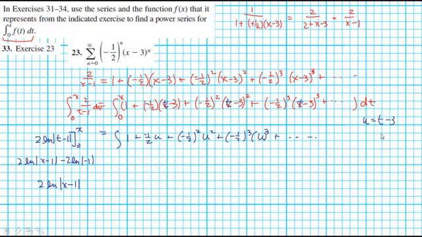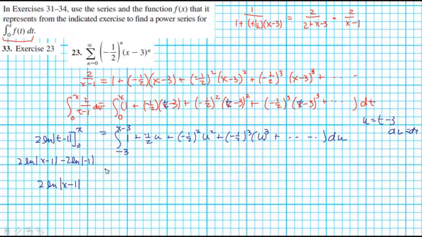And now see, du is equal to dt, so this is all du. When t is 0, our lower bound of integration is going to be negative 3, and when t is x, our upper bound of integration is going to be x minus 3.